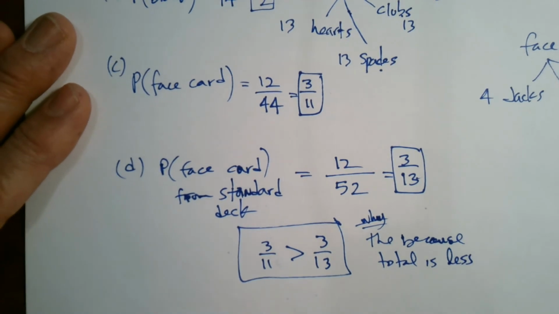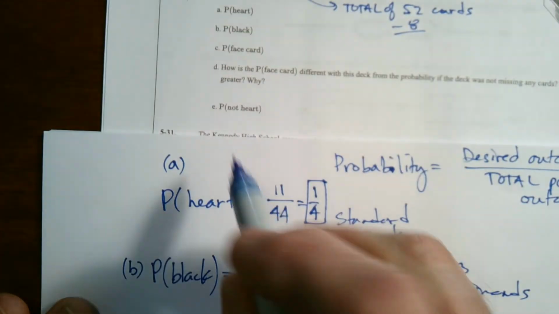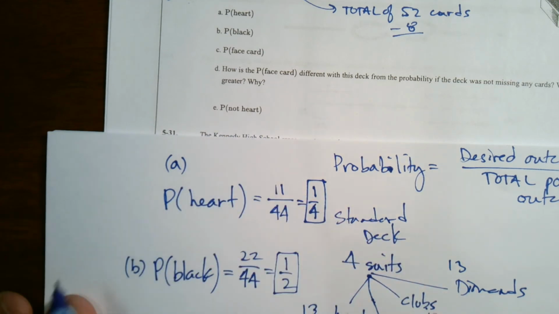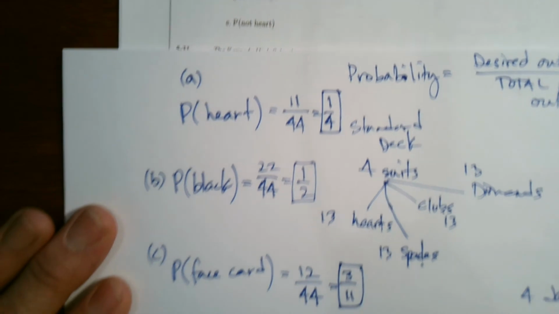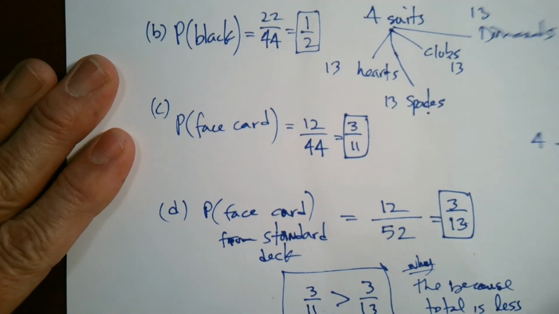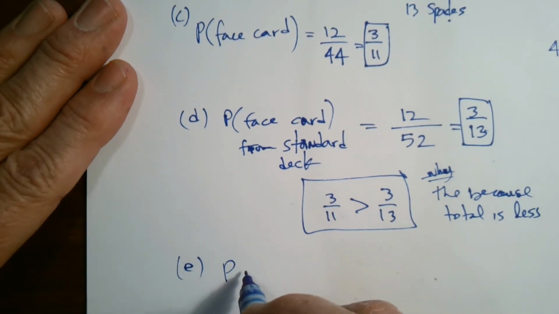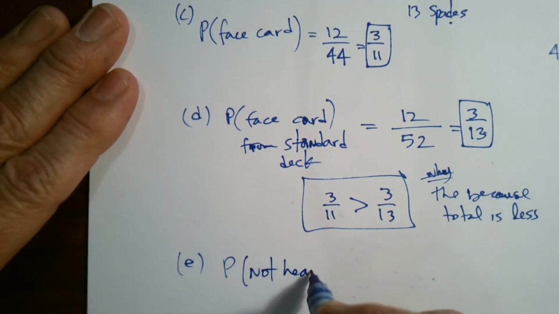All right, and last one, E. E wants the probability of not a heart. So we're looking at the new deck with aces and twos removed, not a heart.